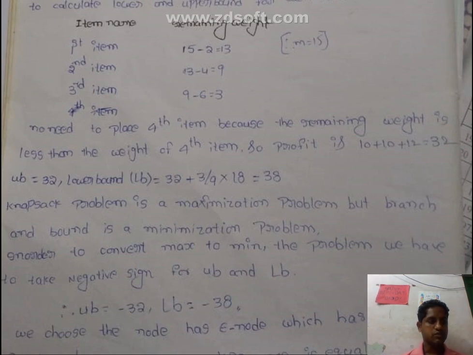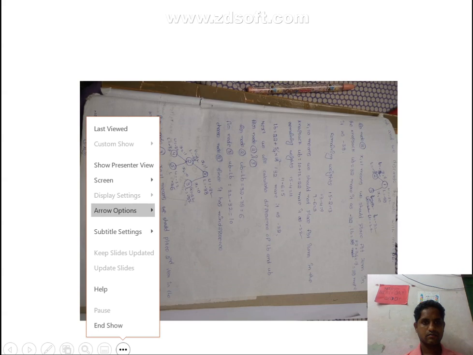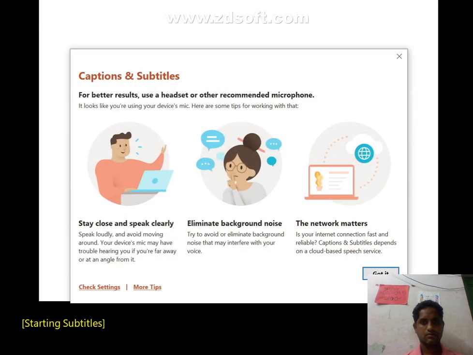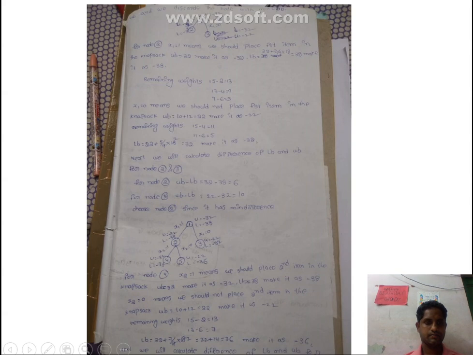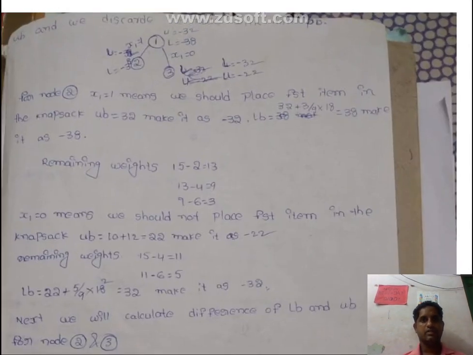If the difference is equal, then we choose the path by comparing the upper bound, and we discard the node with the minimum upper bound.